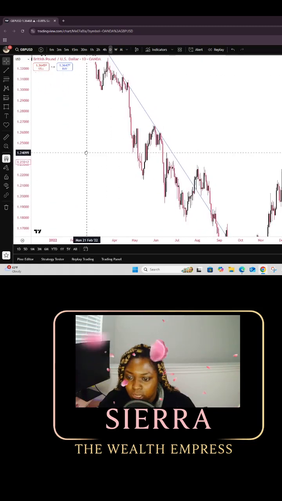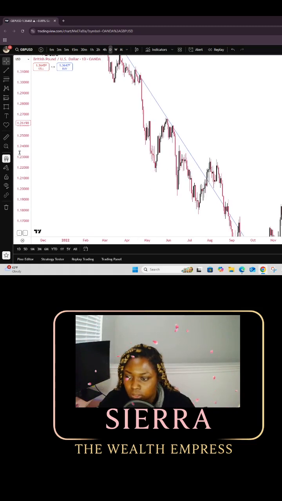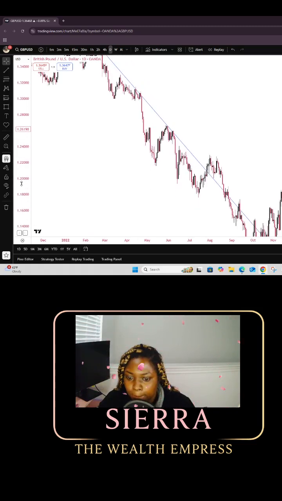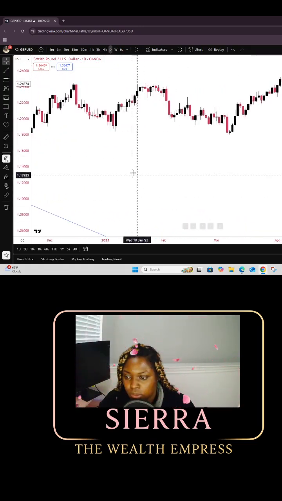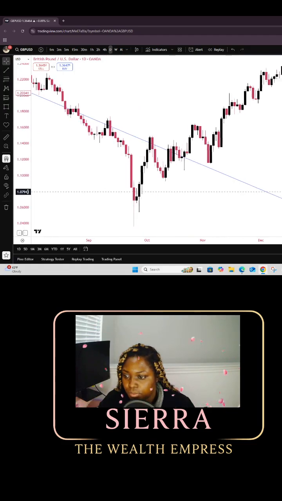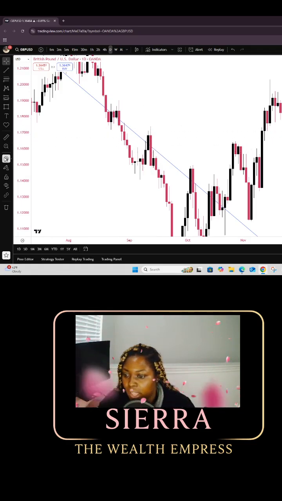I don't really see any engulfing candles off of the trend line. Okay, here's one. So we got our trend line. Price somewhat came outside of the trend line, but it closed underneath it and it completely engulfed that candle.